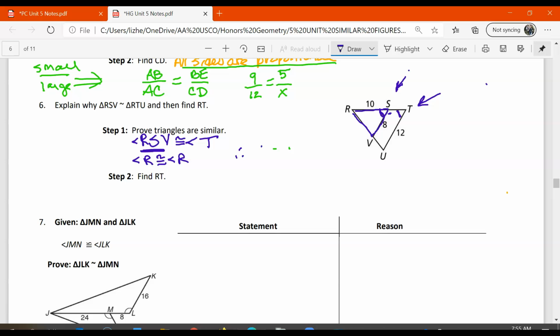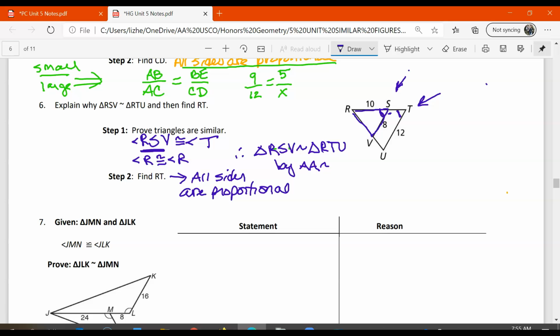And so I can say that triangle RSV is similar to triangle RTU by the AA similarity postulate. So now I know my triangles are similar. So now I need to find a side. Now remember, if the triangles are similar, all sides are proportional.